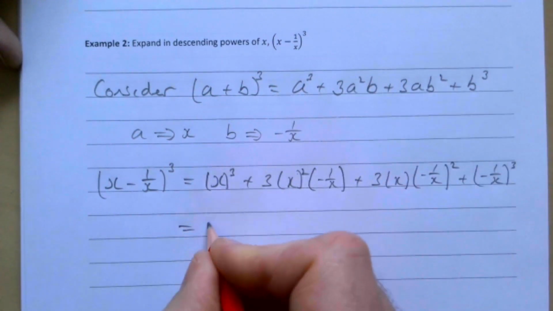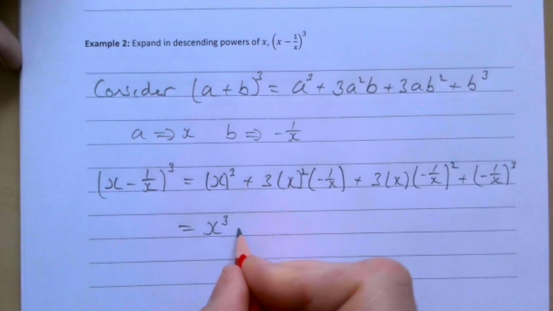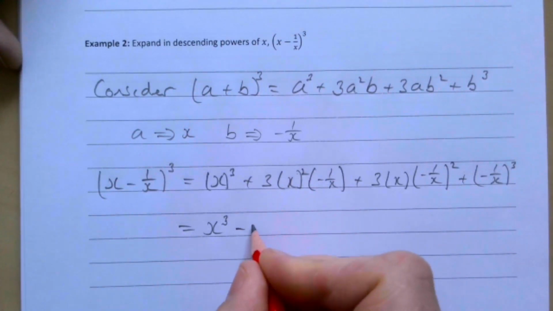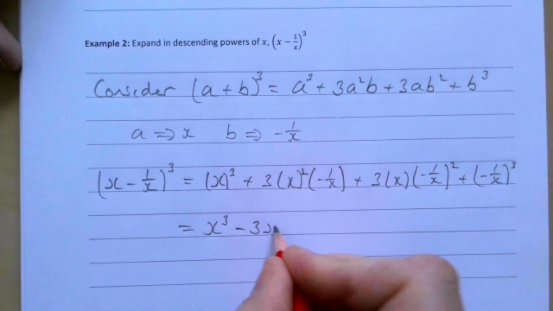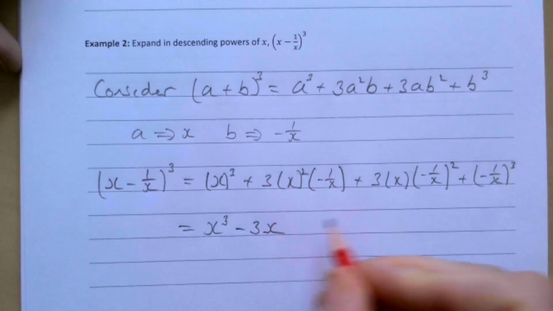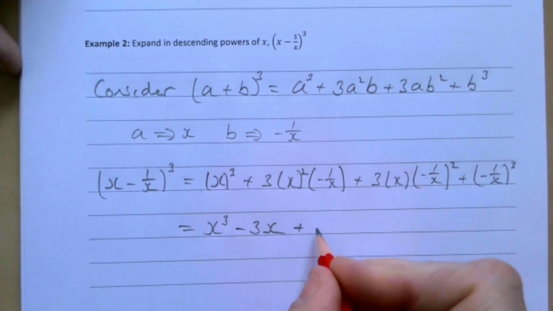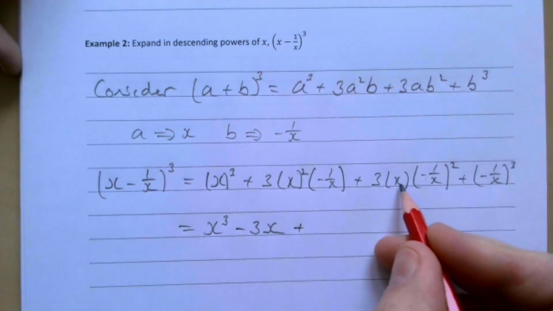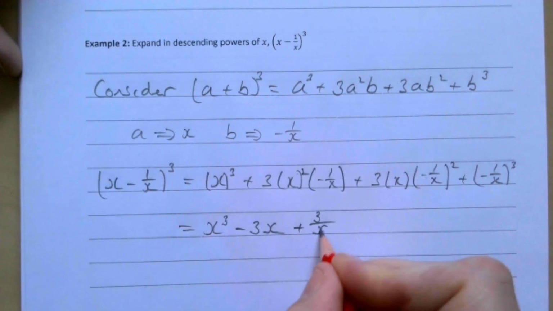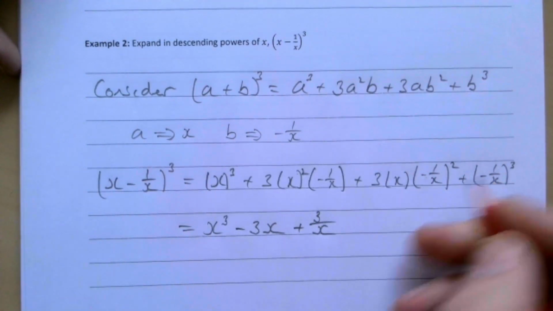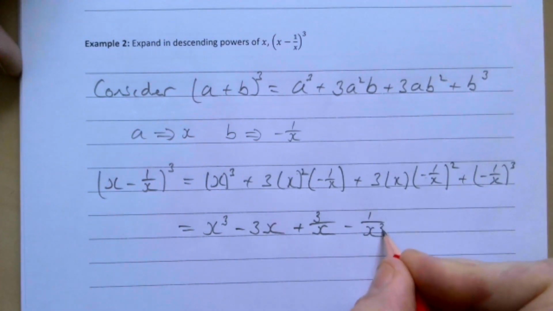Tidying that up, that gives me x^3. Then the 3, and it's a minus: 3, and x squared divided by x just gives me x. Here the minus is squared, so that's a positive, and we have x over x squared effectively, so that gives me 3 over x, or x to the power of minus 1. And then finally minus 1 over x^3.